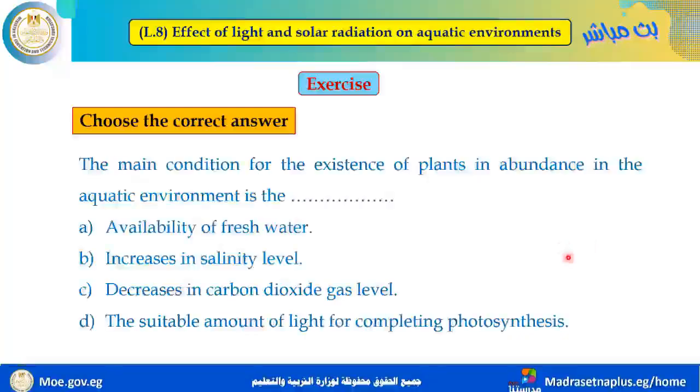Another question. The main conditions for existence of plants in abundance in the aquatic environment is blank. Availability of fresh water, increases in salinity level, decreases in carbon dioxide gas level, the suitable amount of light for completing photosynthesis process.